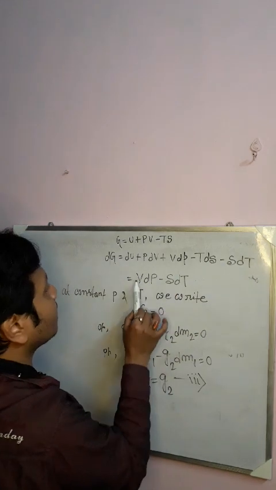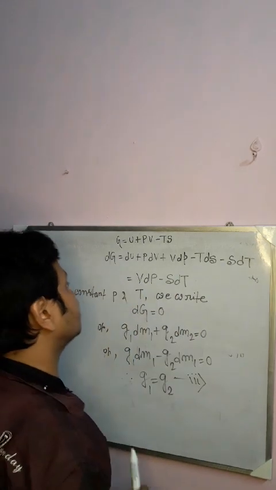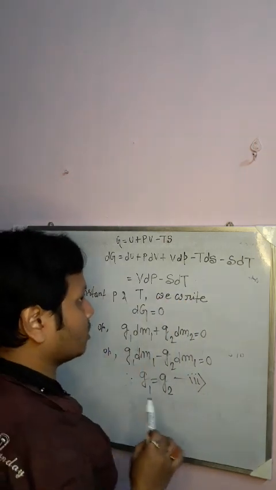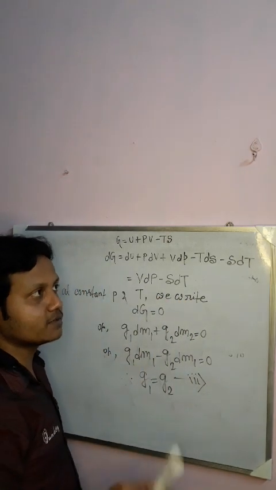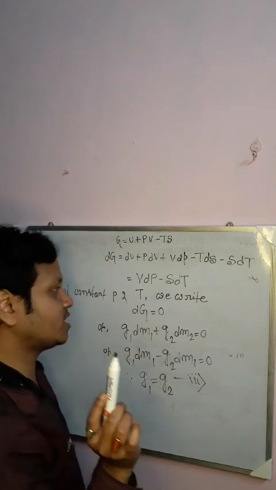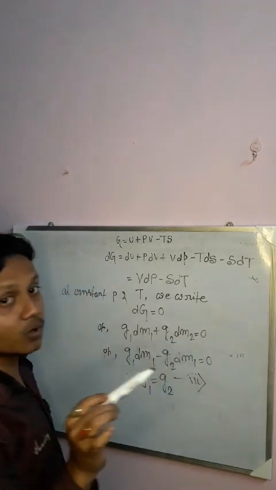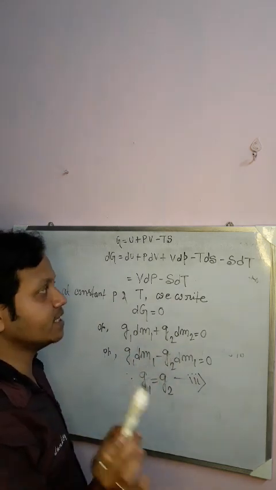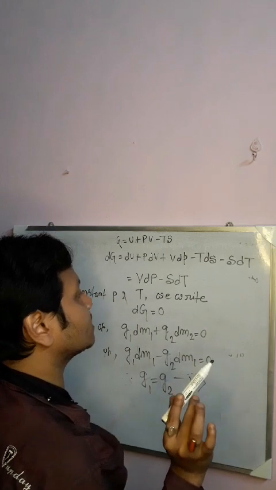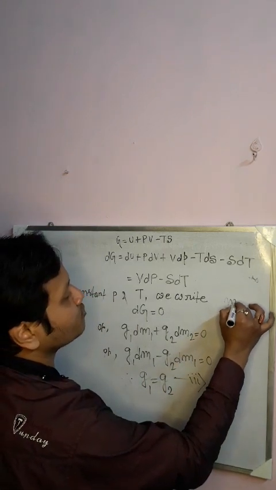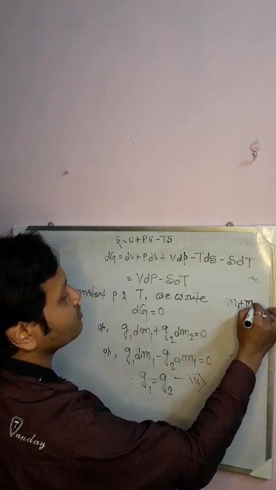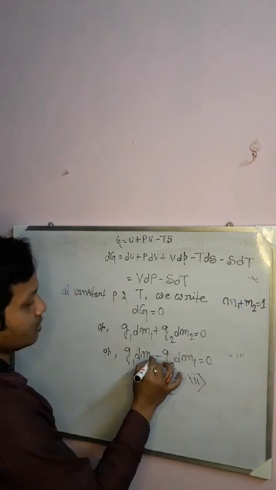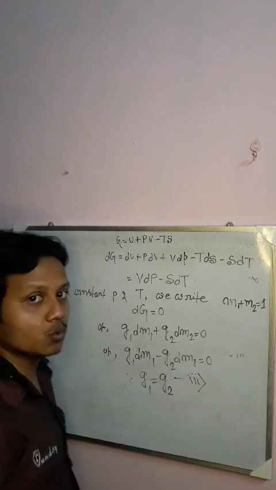From dG we write VdP minus SdT. Now at constant pressure and temperature dG is 0. Now if g1 and g2 are the two specific values of Gibbs potential, then G equals m1 g1 plus m2 g2, from which we find dG. Previously we assumed a unit mass of mixture, that is m1 plus m2 equals 1. Using this relation and substituting, we get g1 equals g2.